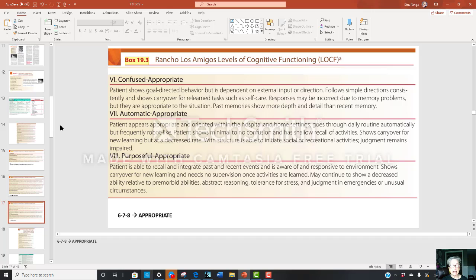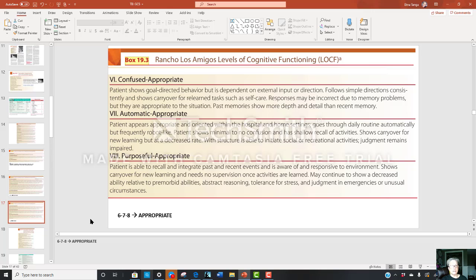They may continue to show a decreased ability relative to pre-morbid abilities, abstract reasoning, tolerance for stress, and judgment in emergencies or unusual circumstances.